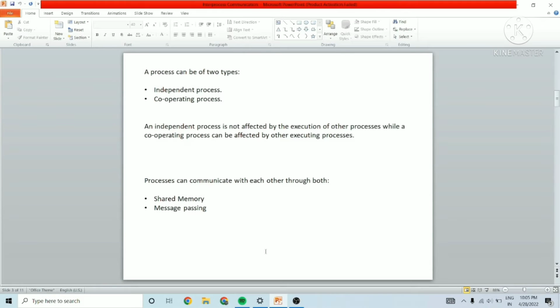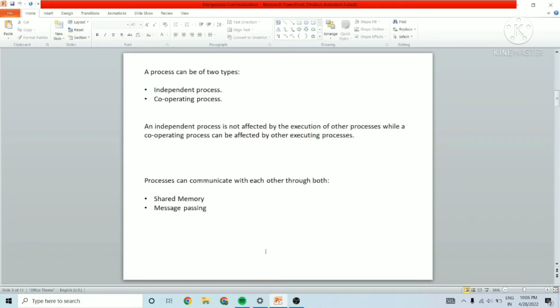Means if we want to access data from other processes, then we have to wait so that the process can provide the data. Then it is dependent on the other, so it is a cooperating process.